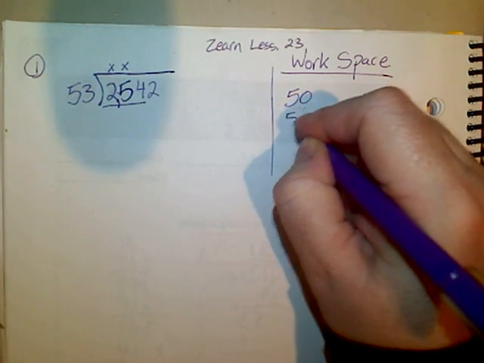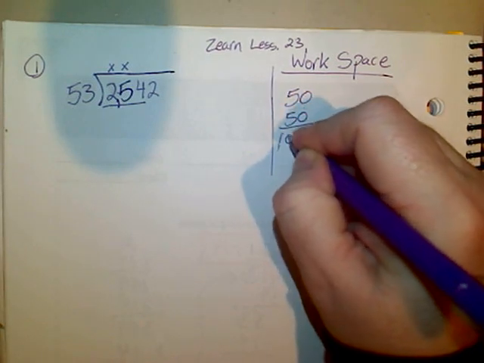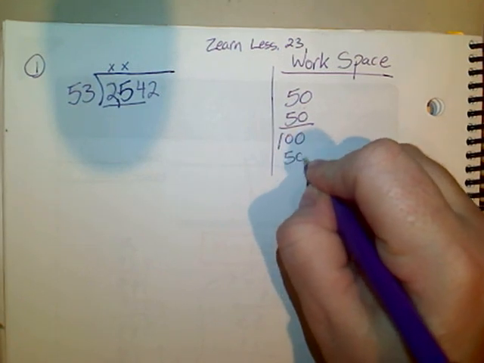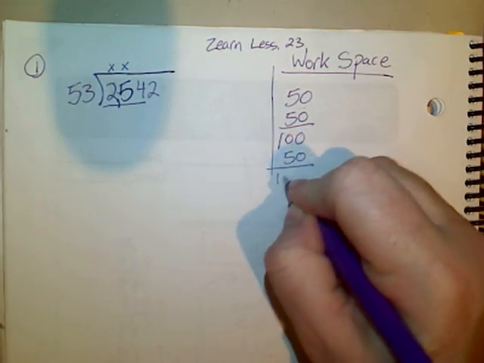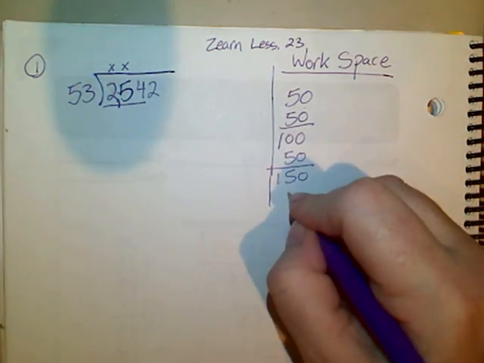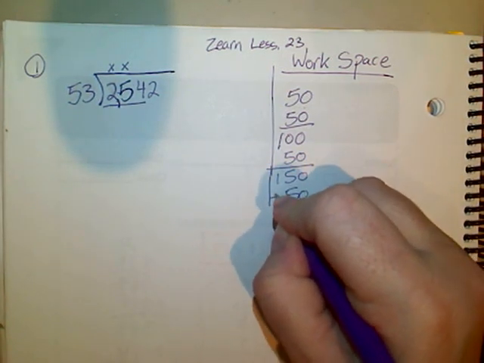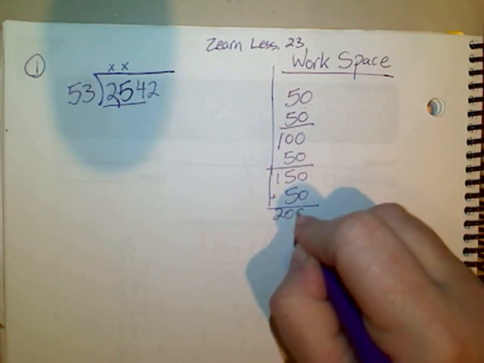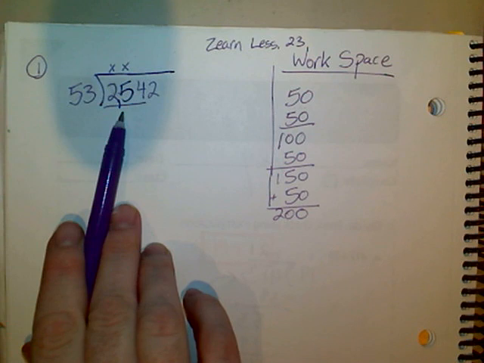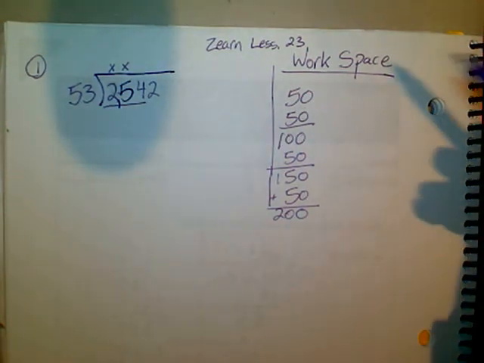50 and another 50. I know you know this. That's easy. That's 100. Can I get closer? Yes. So another group of 50. Can I get closer? Yes. That gets me to 200. I'm getting closer. Do you think we can add another group of 50?